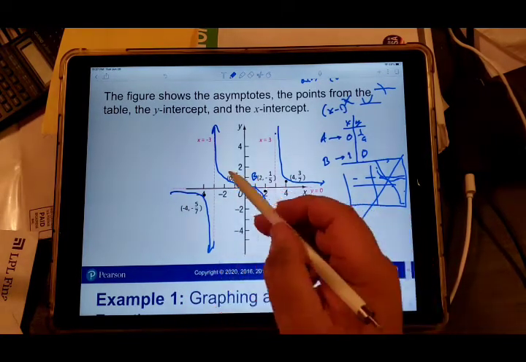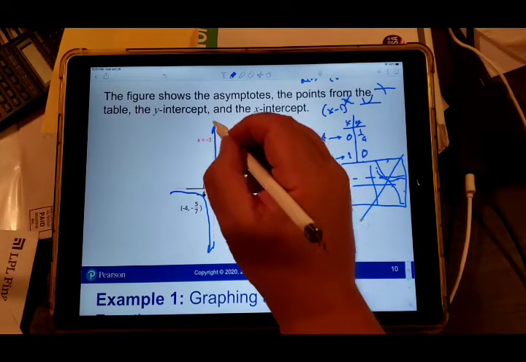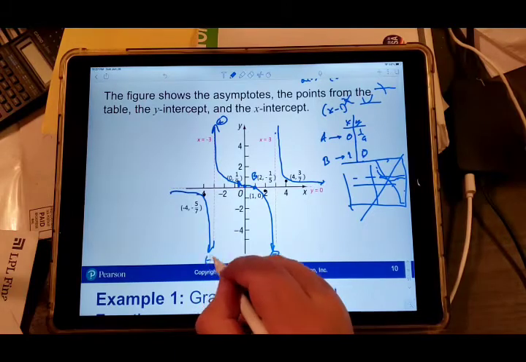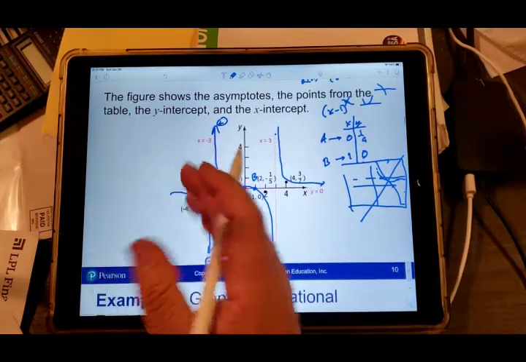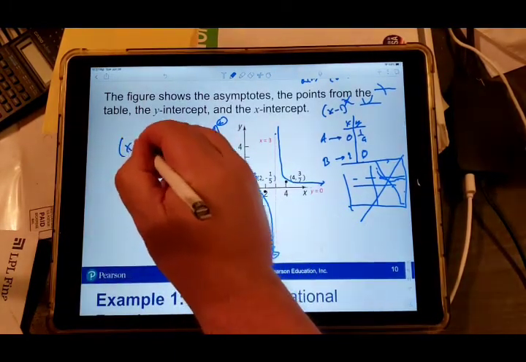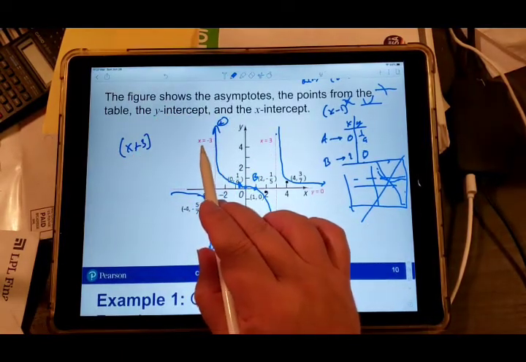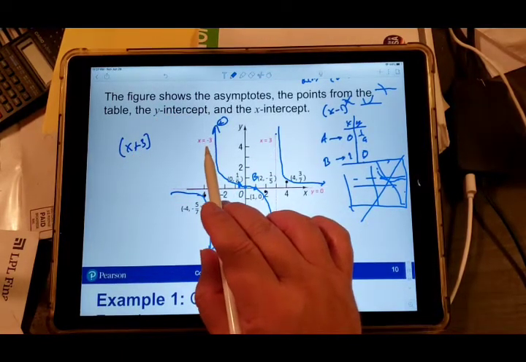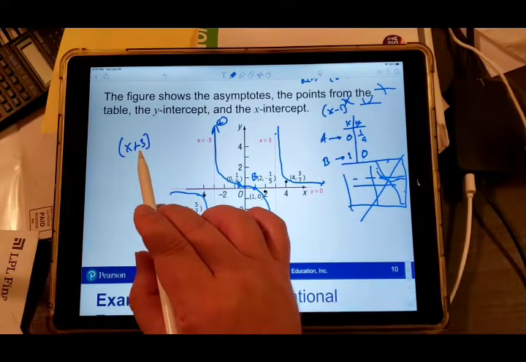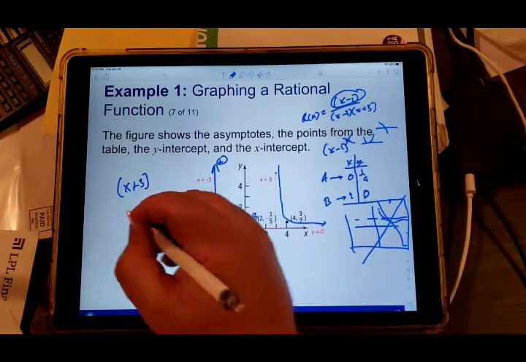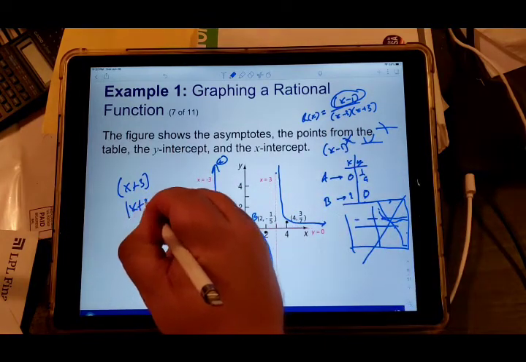But let's continue. So I know 100% sure that if the graph is going up and it's positive on this side, it's got to be negative because of the sign change. Again, why am I saying there's a sign change? What gave me this x minus 3? Well, I set x plus 3 equal to 0. And in the original problem, x plus 3 does not have absolute value on it.